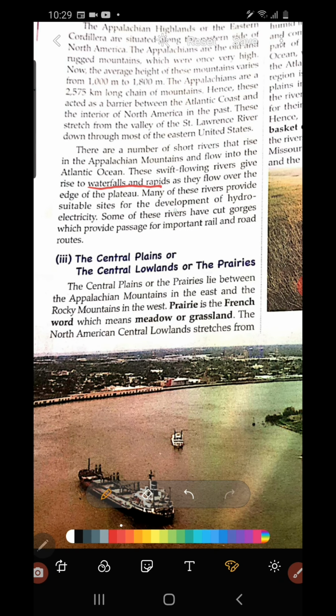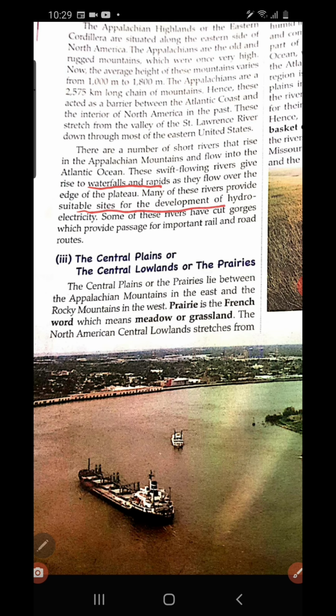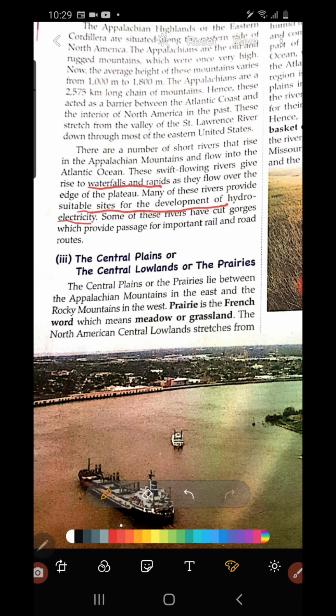Then many of these rivers provide suitable sites for the development of hydroelectricity. Hydroelectricity production means electricity is produced out of the water which is falling from a great height. You know, in our location, Maithan Dam is there. There the hydroelectricity is produced. Similarly, here also electricity is produced. How? When the water is falling from a great height in the waterfalls, turbines, the huge wheels, are made to move.